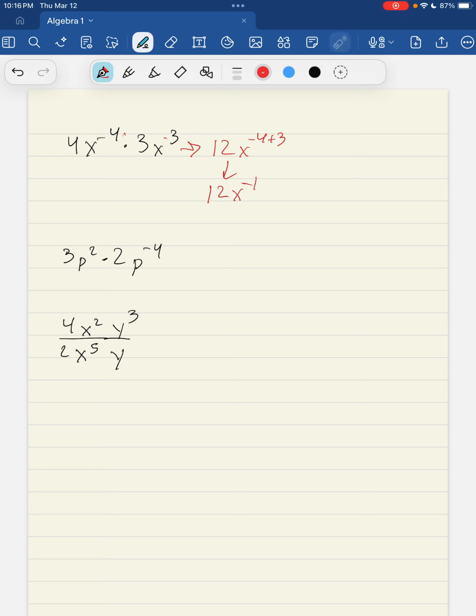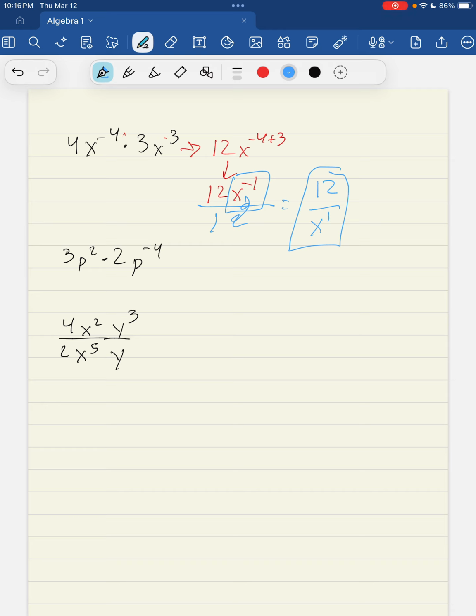We have a negative exponent. So we need to flip this term, just this term, over the fraction. So I put an over 1, and I flip that guy down, that term. So I have 12 in the numerator, and x to the first, or just x, in the denominator. There we go. That's how we do it.